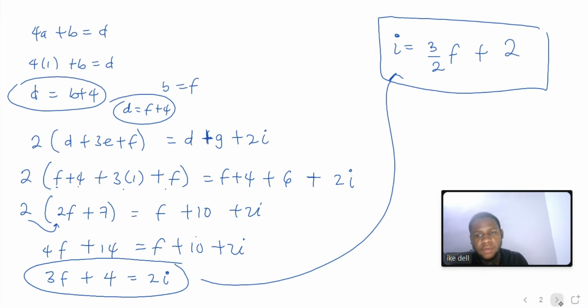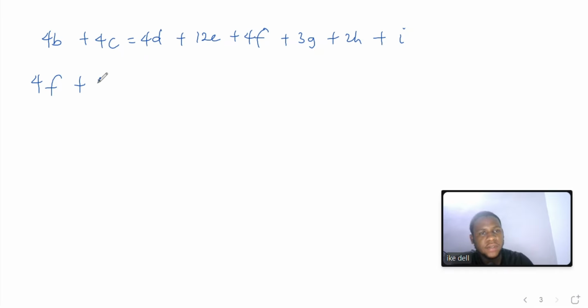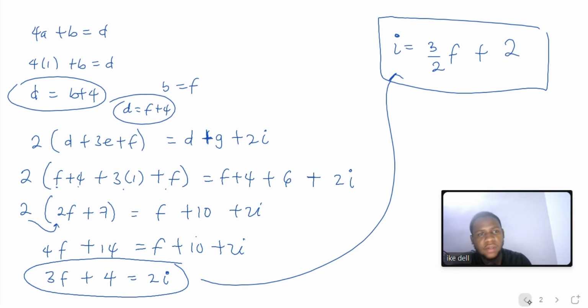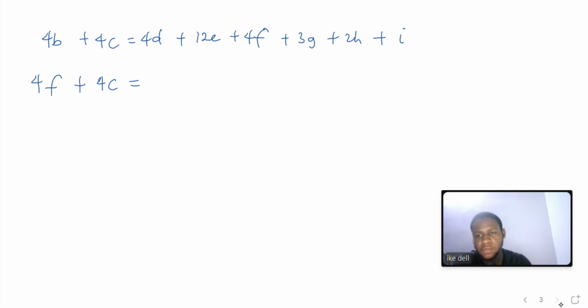Who knows? So 4c, let me just leave it first. Then this 4d. Well, d is supposed to be f plus 4. So 4d should be equal to 4f plus 4. So that's what I'll do. 4f plus 4 plus 12e.